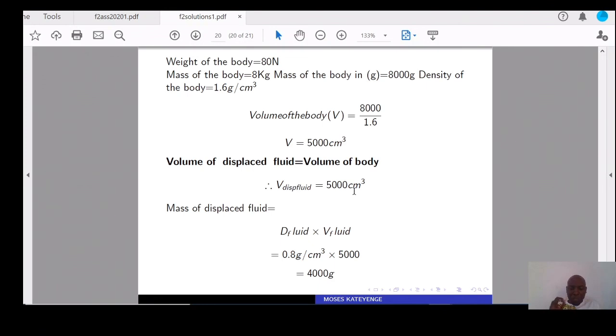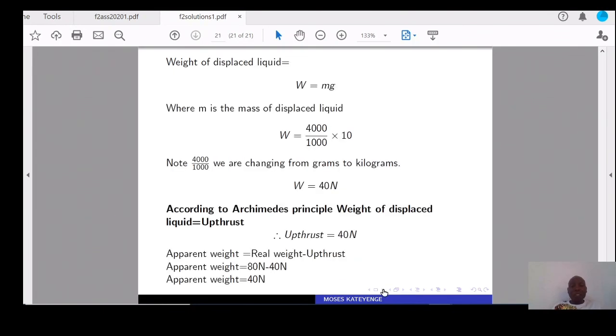Therefore, if you have 0.8 as your density of the liquid, I'm going to multiply it by 5,000, which is the volume of the liquid that is displaced. And this is going to give me an answer of 4,000. So this 4,000 is the mass of displaced liquid, 4,000 grams.